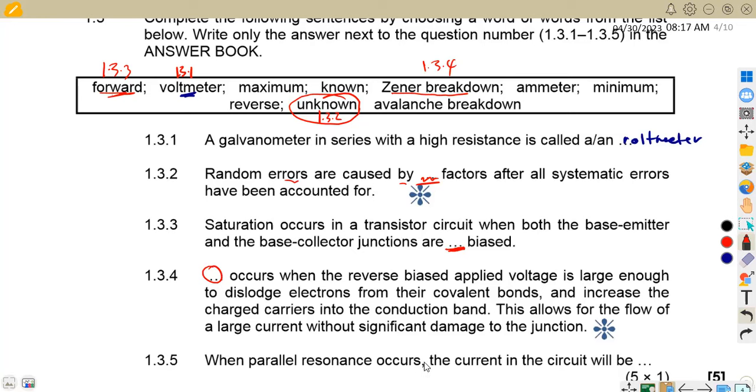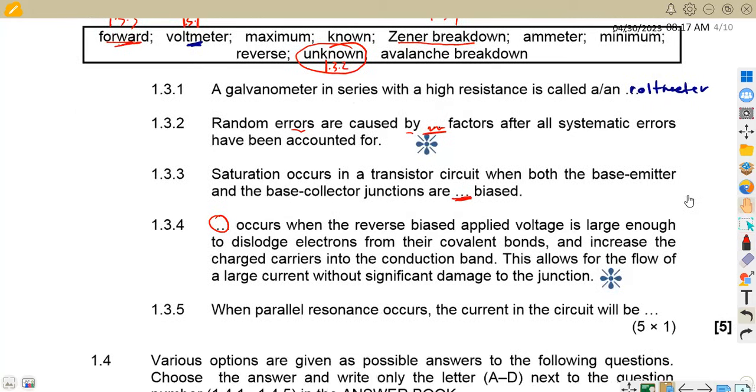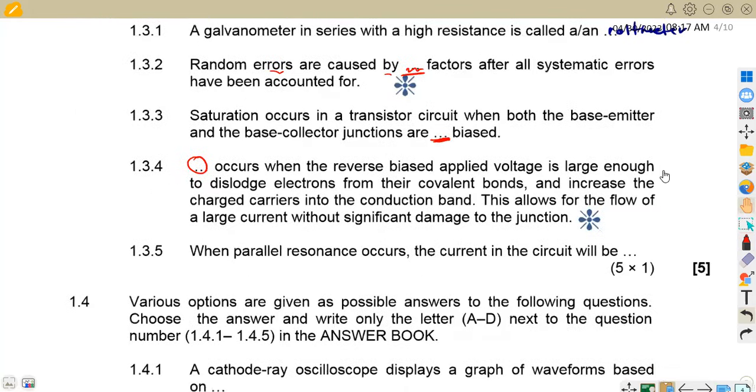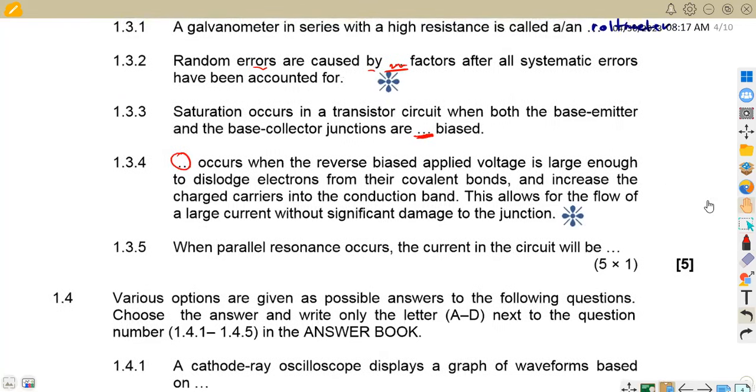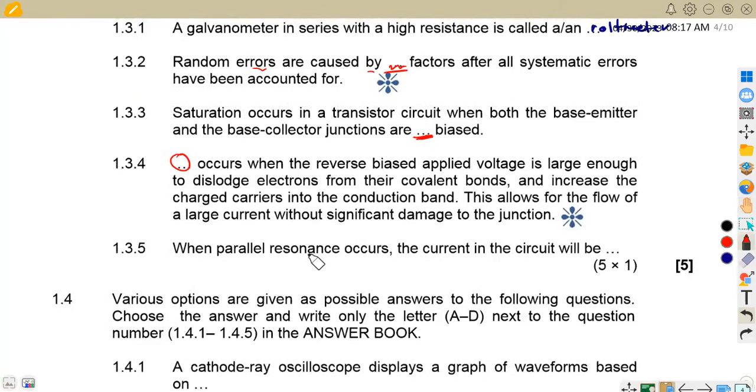When parallel resonance occurs, the current in the circuit will be, all right? So remember, the current is going to be minimum. Why? Because in a parallel resonance, we are talking about the impedance. Our current will be equivalent to V over ZD. This ZD is different from the Z that we have in series.